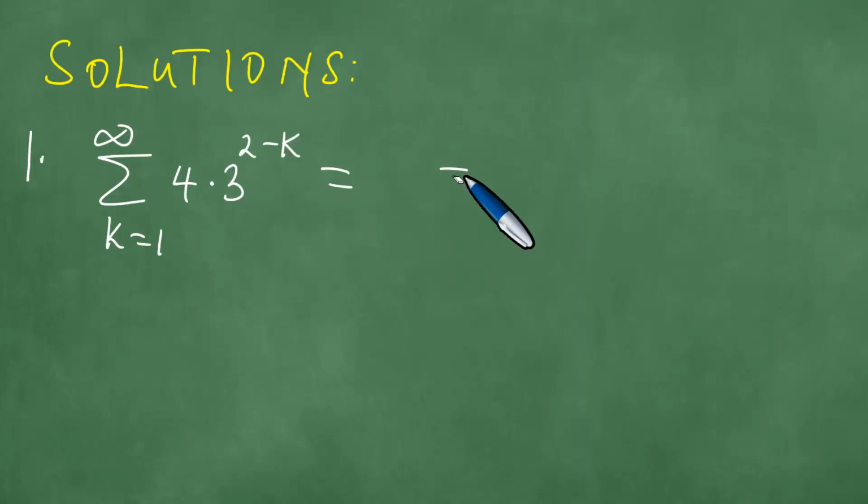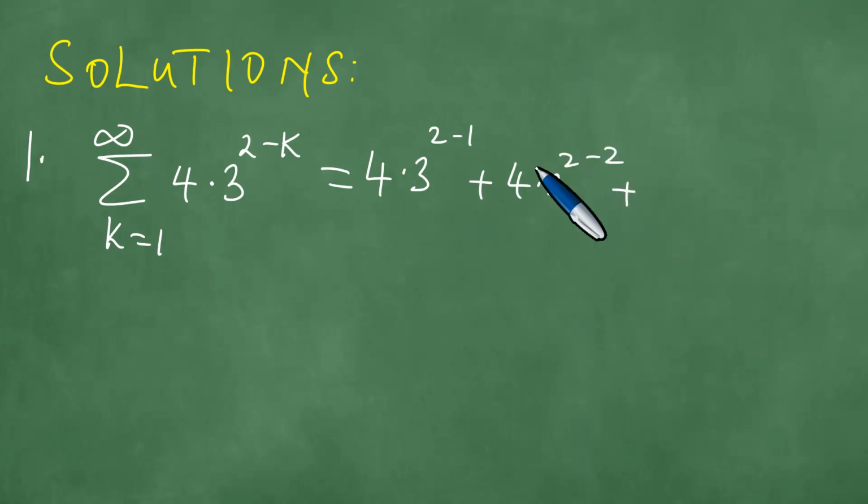So let's just write a bit more steps here to make sure that this makes more sense. Okay, so when k is 1, you substitute. So this is going to be 4 times 3 to the power 2 minus 1 plus 4 times 3 to the power 2 minus 2. Plus, let's do 3 terms, 4 times 3 to the power 2 minus 3, and so on.